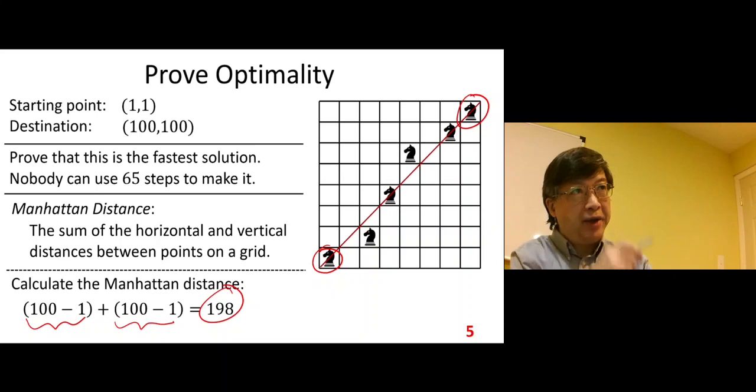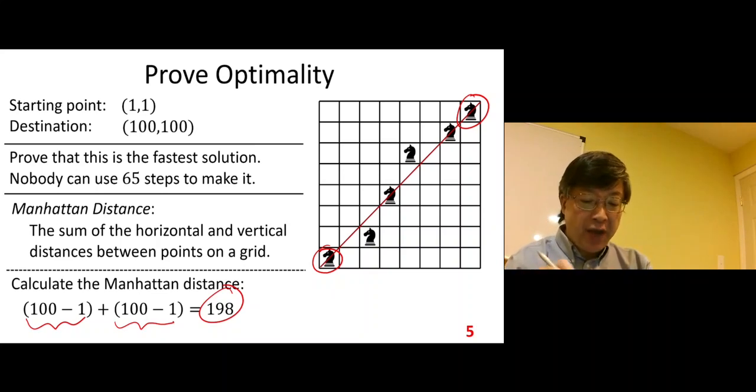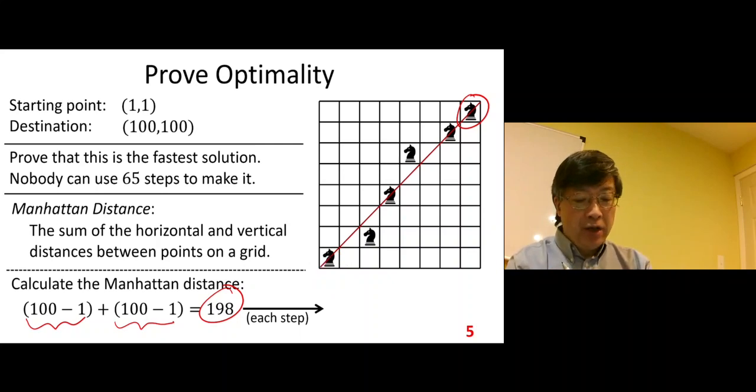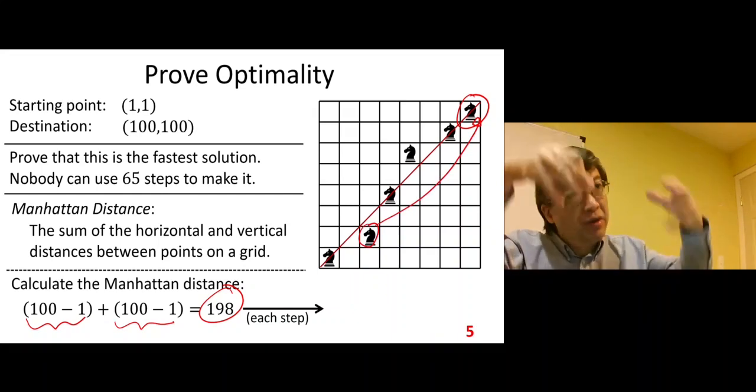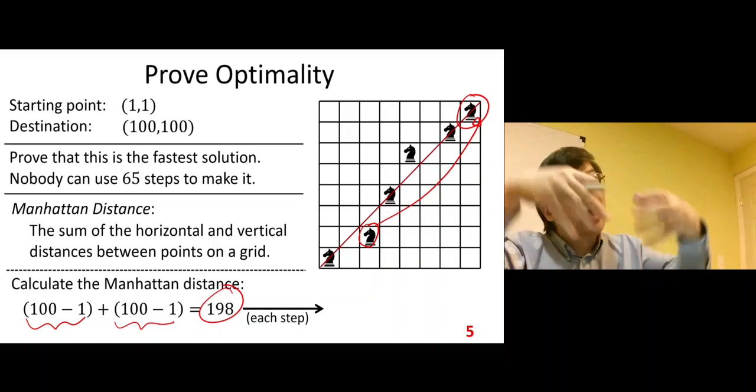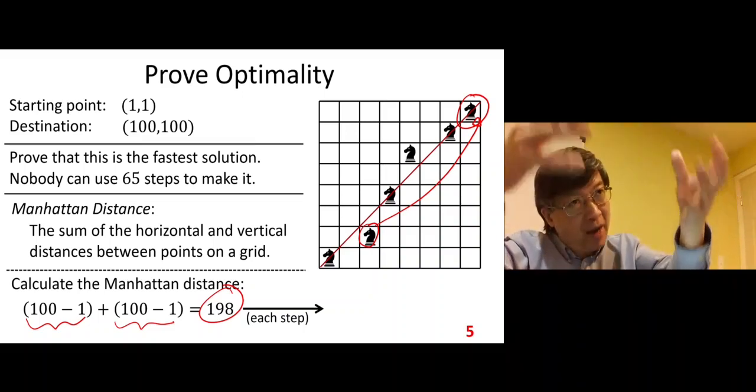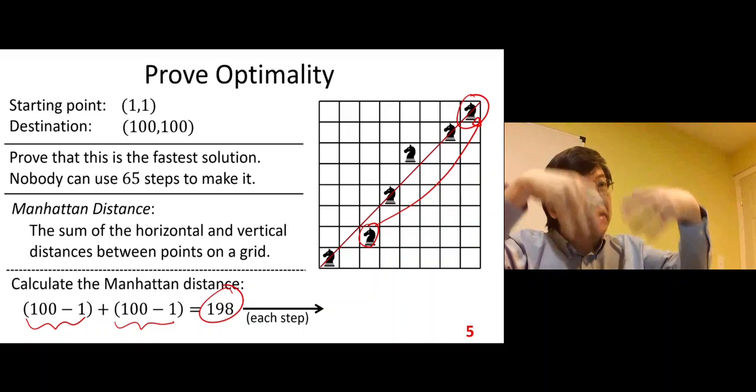After we get this distance number, next, let us look at a knight move. For each step, your knight moves toward your destination. Toward the destination means the distance between the current knight and the destination position is reduced more and more. Every step you reduce the Manhattan distance, right?